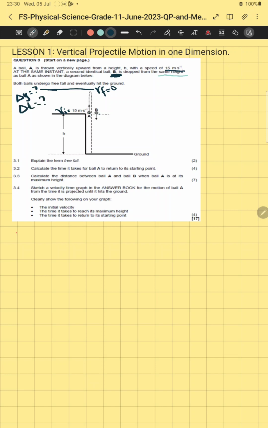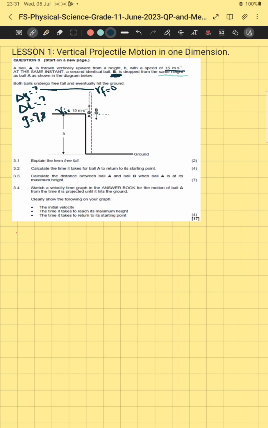What we know is that g is 9.8 meters per second squared. That is the information that we have for ball A from this position up to its maximum height.